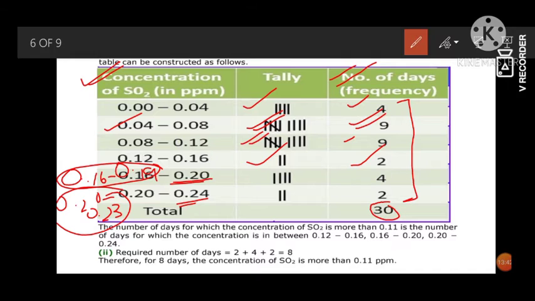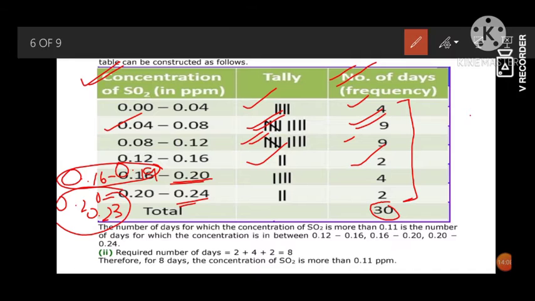The number of days on which the concentration of SO2 is more than 0.11 is the number of days for which the concentration is between 0.12 to 0.16, then 0.16 to 0.20, then 0.20 to 0.24.